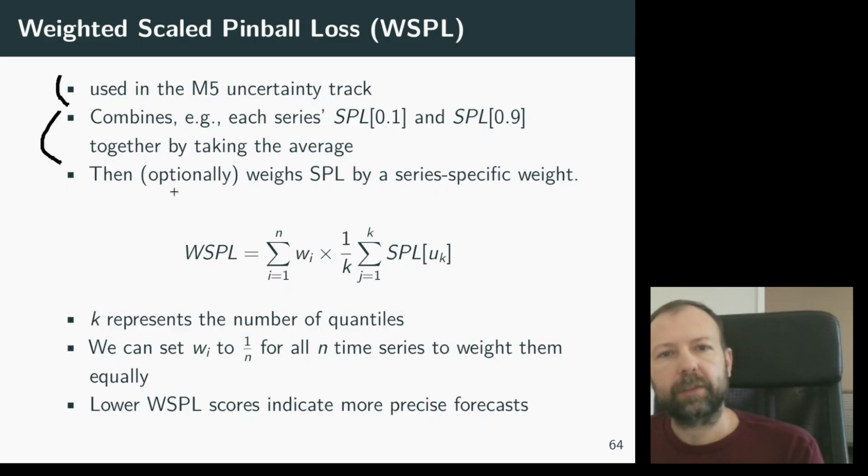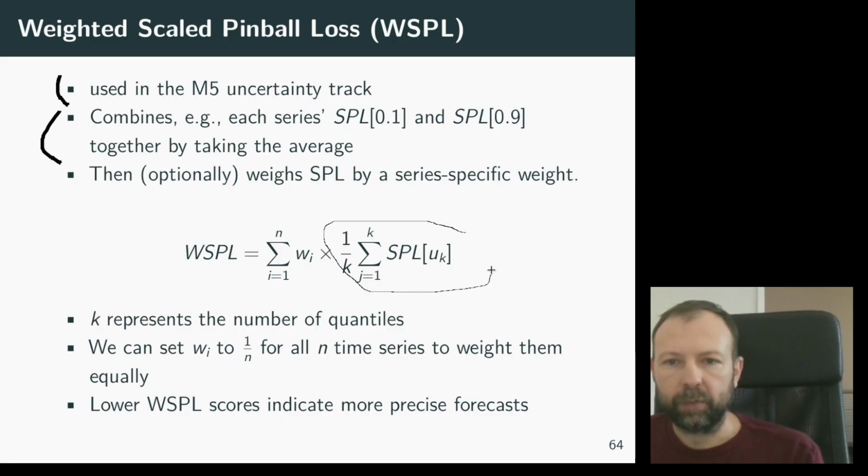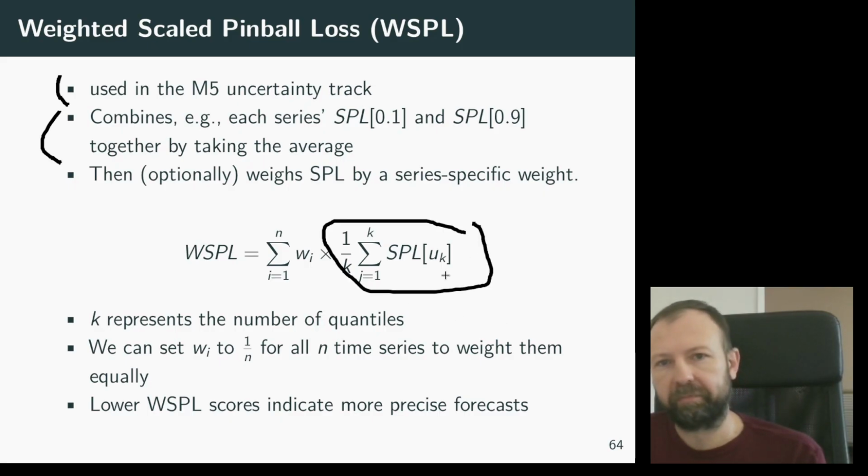It combines, for example, each series' SPL of 0.1 and 0.9 quantiles by taking the average, and then it optionally weighs the SPL by a series-specific weight, right? So basically here, you say all the quantiles you want for a particular series, for example 0.1, 0.9, and 0.5.